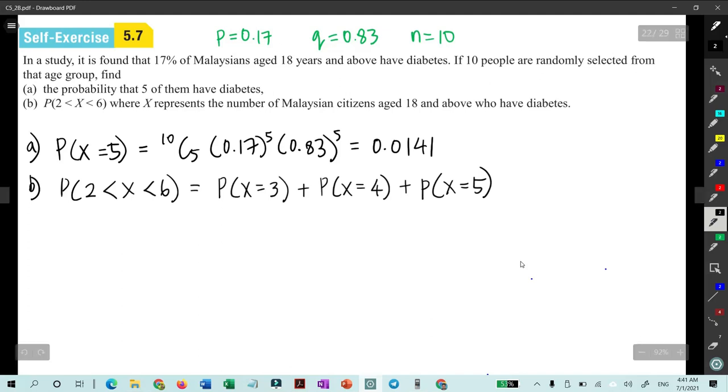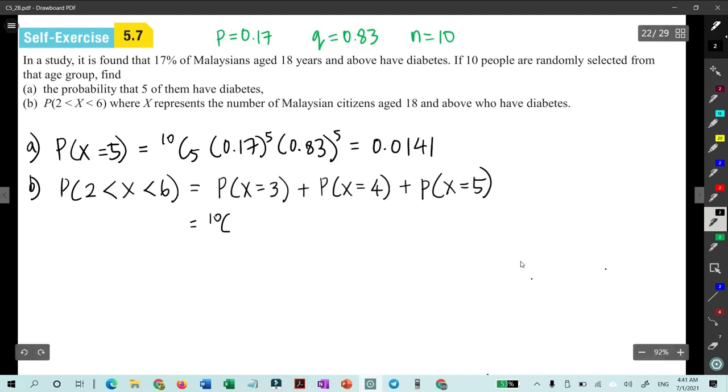Okay, so let's calculate these three values and then we sum up. In fact we already have P(x = 5), so we just reuse it.